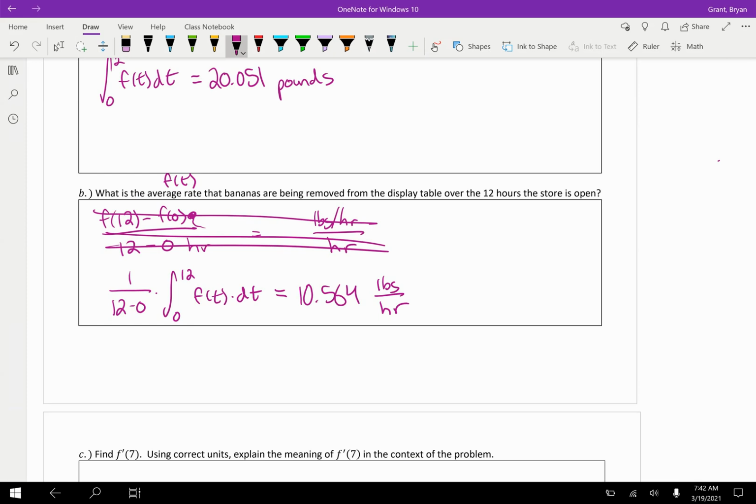Great. That's it. That is the average rate bananas are being removed. So essentially, every hour you are losing 10.5 pounds of bananas.